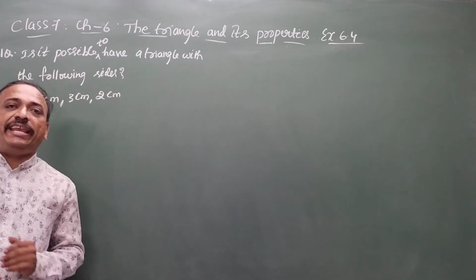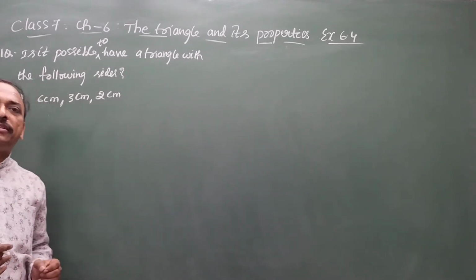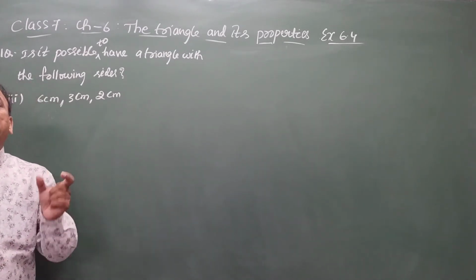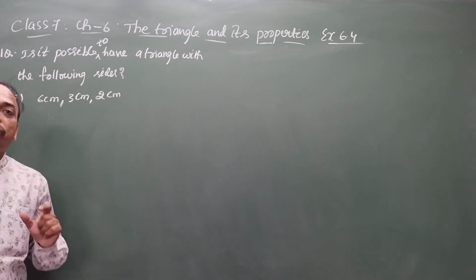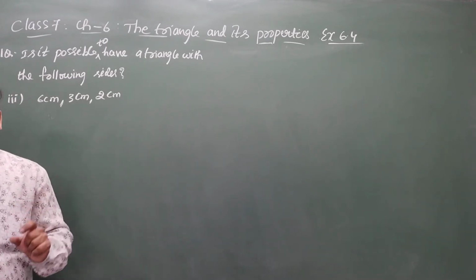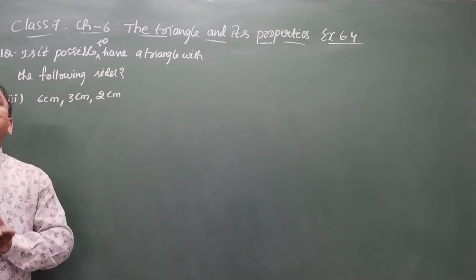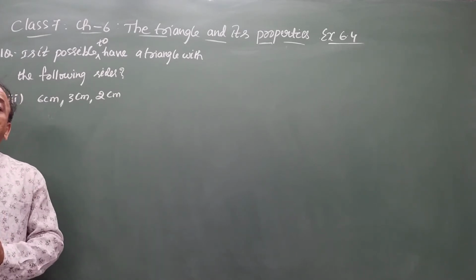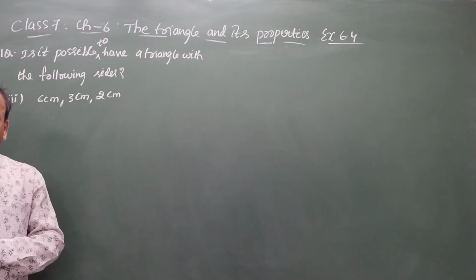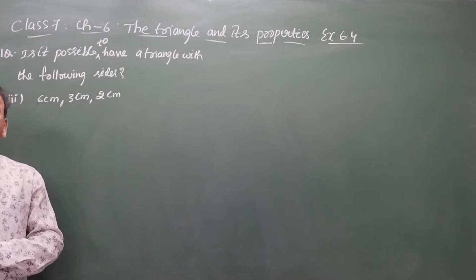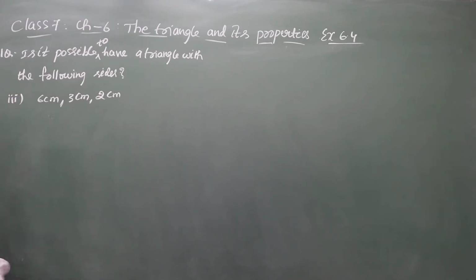As we have seen, inequality properties, those are sum of the lengths of any two sides should be greater than the third side. If you go for difference of any two sides should be lesser than the third side. Difference if you take it should be lesser, sum if you take it should be greater. Any criteria could be applied for this.